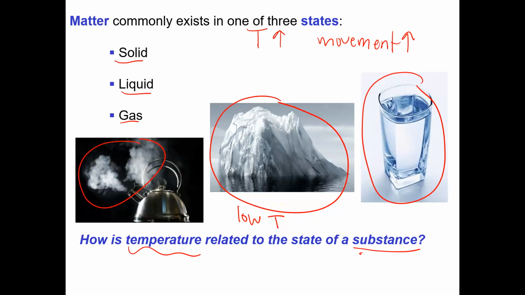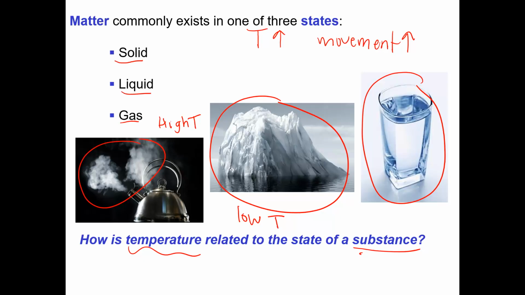You probably know that if you want to make steam, you take some water and heat it up. So gases form at high temperature, which tells us that the particles that make up gases are moving around a lot.